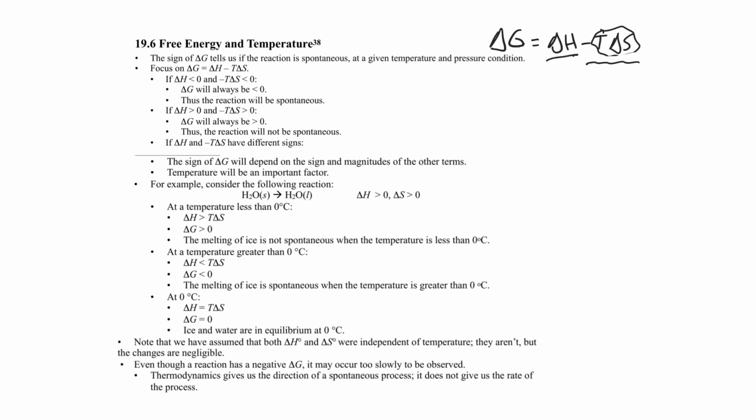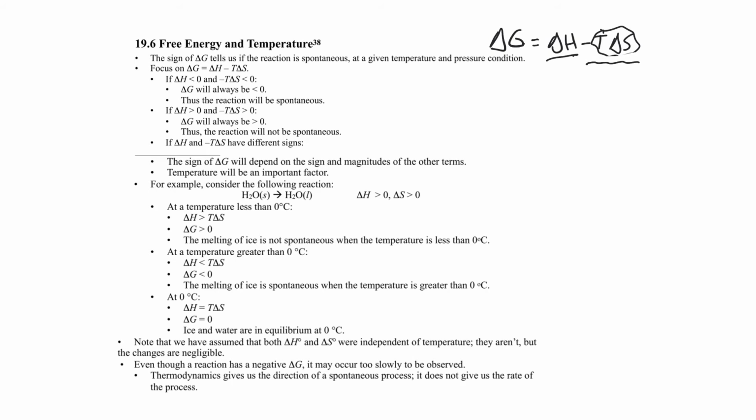When they combine, if the whole delta G is negative, then it'll be spontaneous. If the whole delta G is positive, then it'll be non-spontaneous. So in this manner, you've got to know what your T is, because T will determine which one is going to be bigger and whether or not G will be negative or positive.